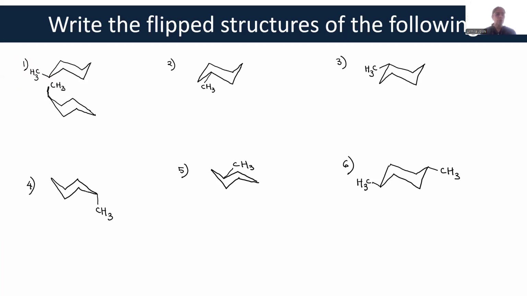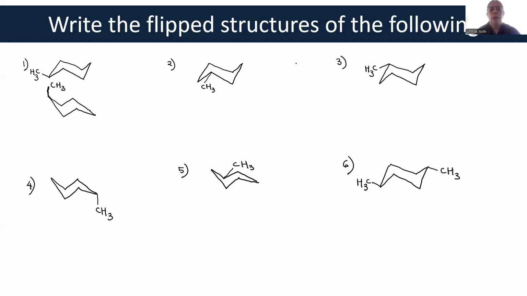Okay, let us go to the second molecule. Now just try to understand this carbon, which we are talking about, is the upper plane carbon. And so the bond that is pointing downwards is equatorial bond.